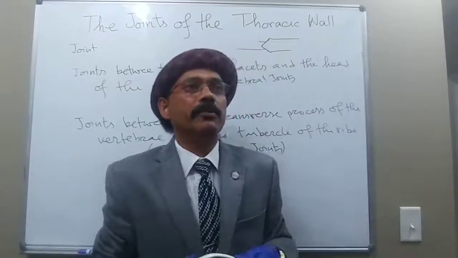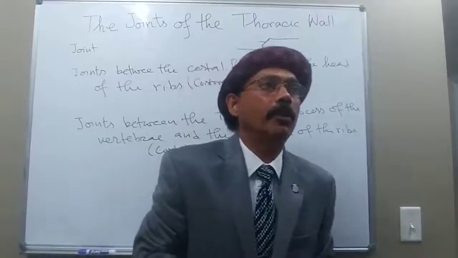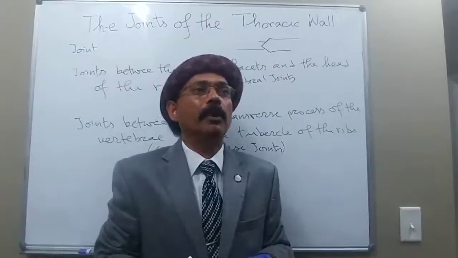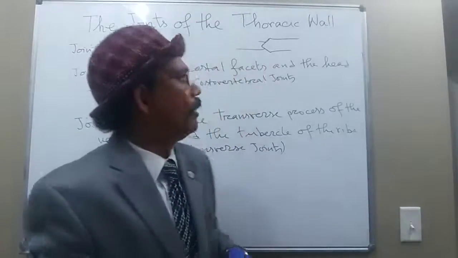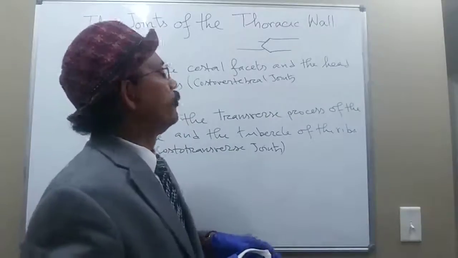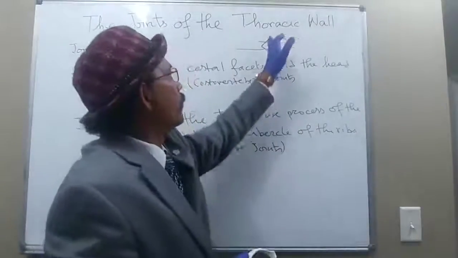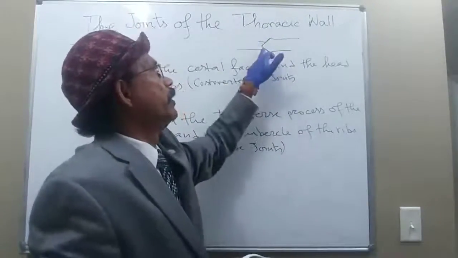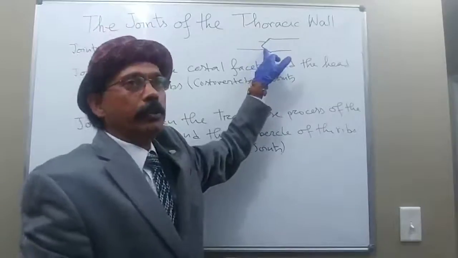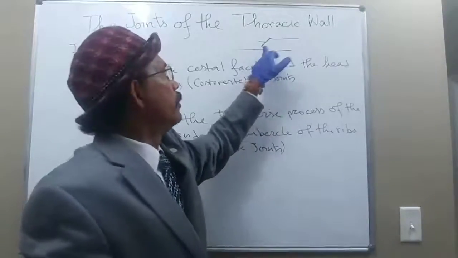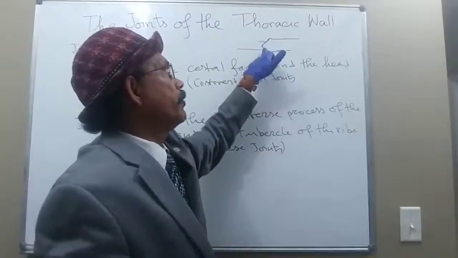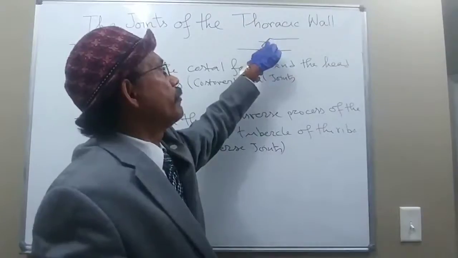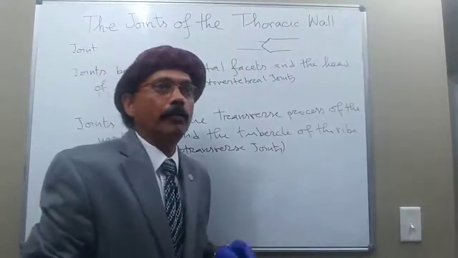So the head of each rib articulates with the superior demifacet of the corresponding vertebral body and the inferior costal facet of the vertebra superior to it. This part of the head articulates with the superior costal facet of the corresponding vertebra, and this part will articulate with the inferior costal facet of the vertebra above.